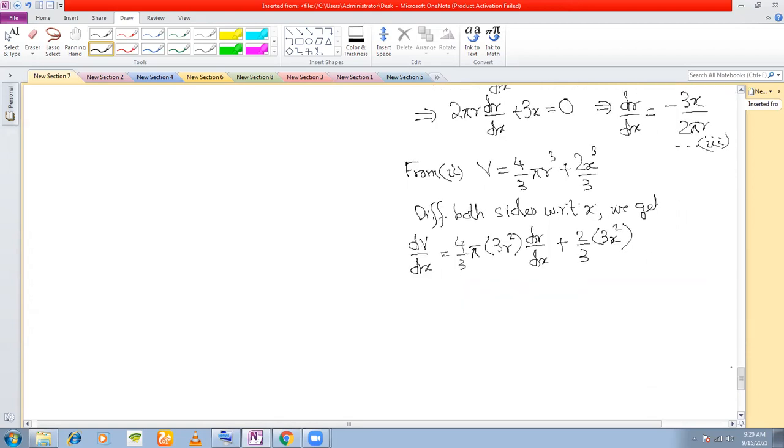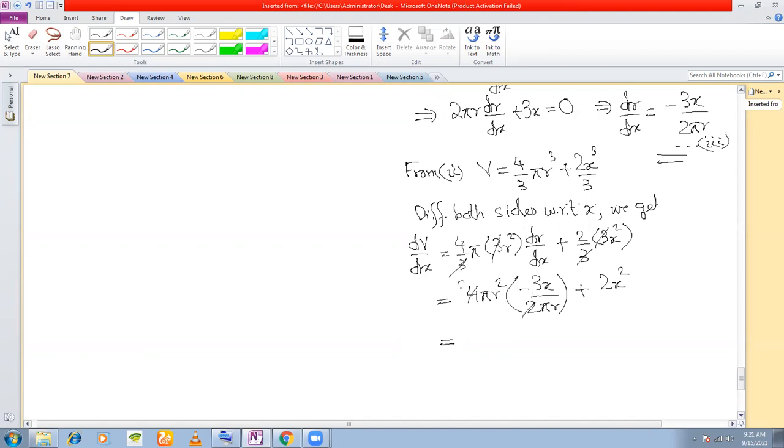We can do this. You can cancel these 3's here. So you get 4 pi r square. And what is dr dx from 3? Minus 3x by 2 pi r plus 2x square, right? So what do we get here?